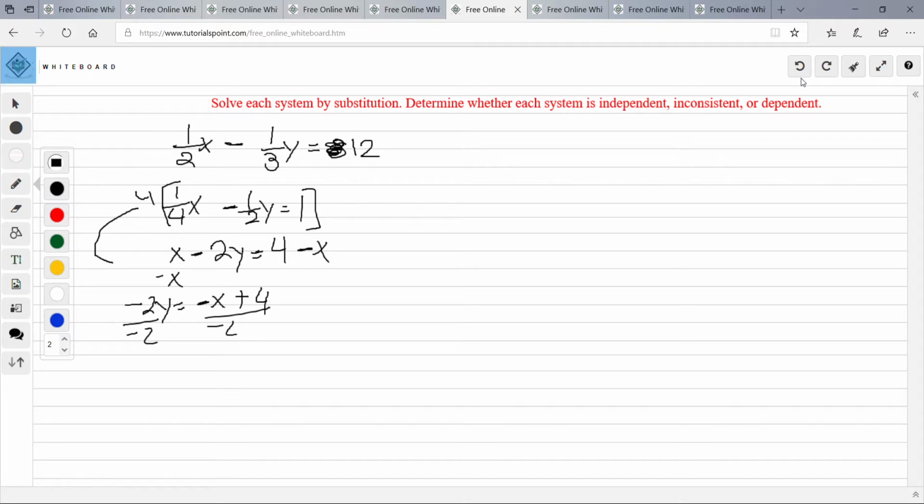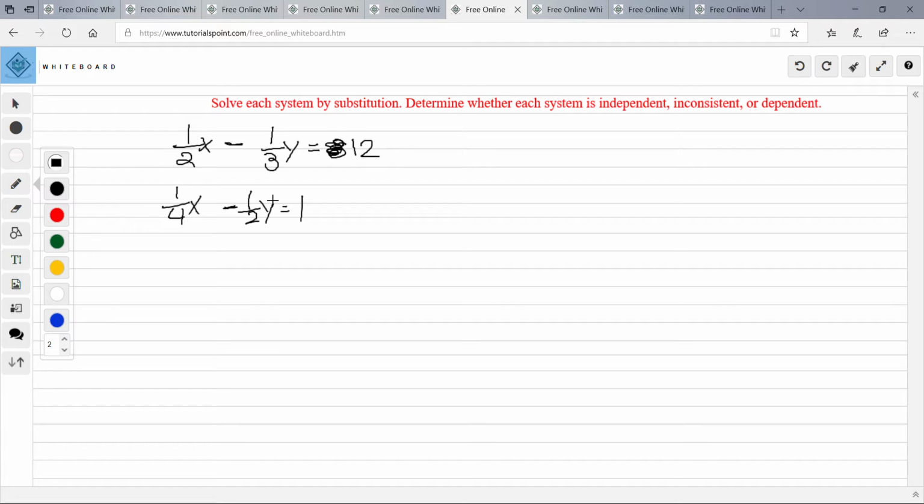I don't want to solve that for y. What I want to do is solve the first equation for y. I think that would be easier.